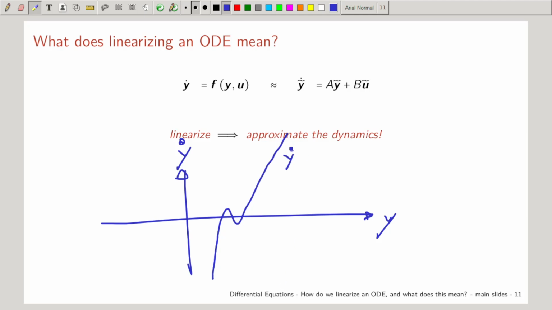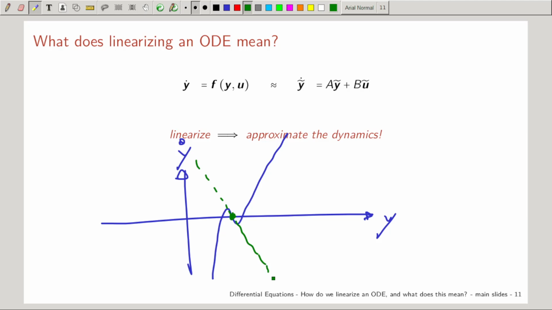This is my y dot against y, and I want to linearize around here. What is my linearization? My linearization around there is going to be something that looks like this one. True? See?